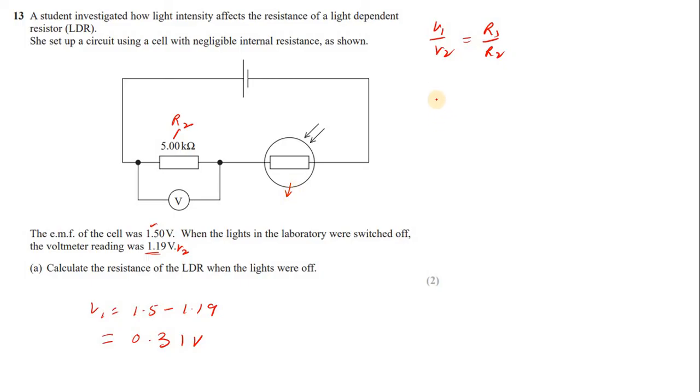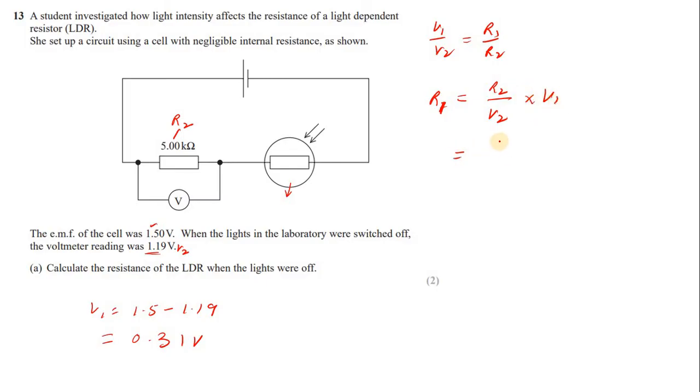Now, I call them R2, R1. R1 is equal to R2 upon V2 into V1.